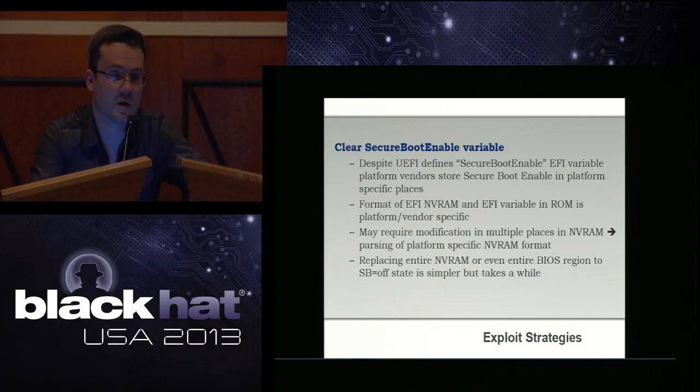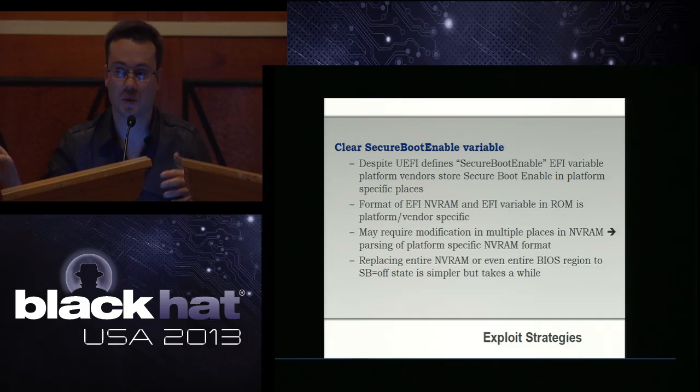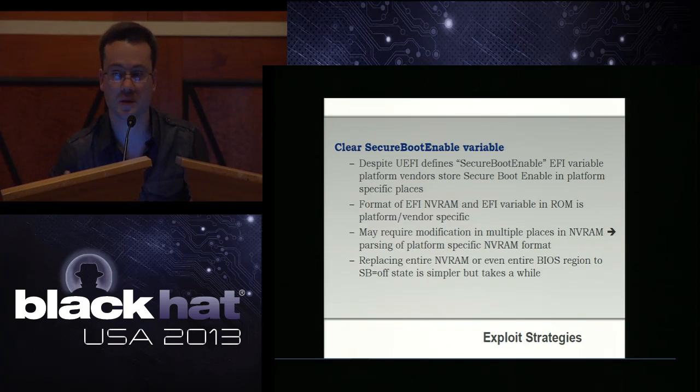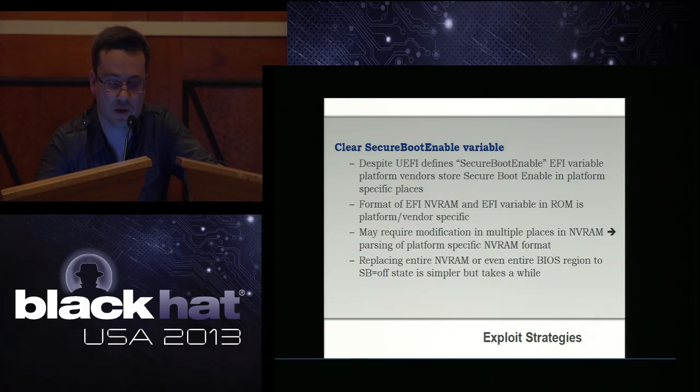The other strategy that the exploit could take: UEFI defines the global secure boot enable control, and it should be one bit stored somewhere. So it should be easy. Just flip that one bit from 1 to 0 and disable secure boot. But reality is not that simple. The platform vendors don't really, in most cases, use that variable.